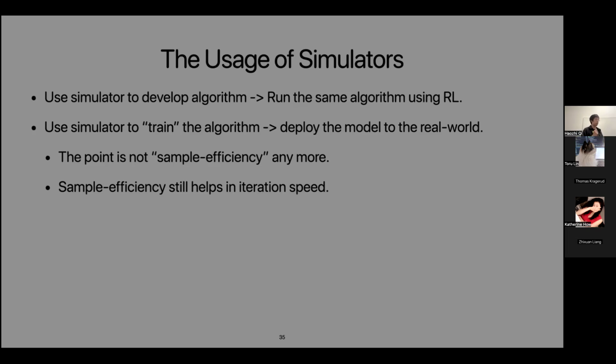What people want to get from simulators is a sense of what type of algorithms work and what is a good set of hyperparameters. So after debugging and developing algorithms and finding a good set of parameters, they can directly run these algorithms in the real world. So the simulation data is used to tune your controller instead of getting a model from it.